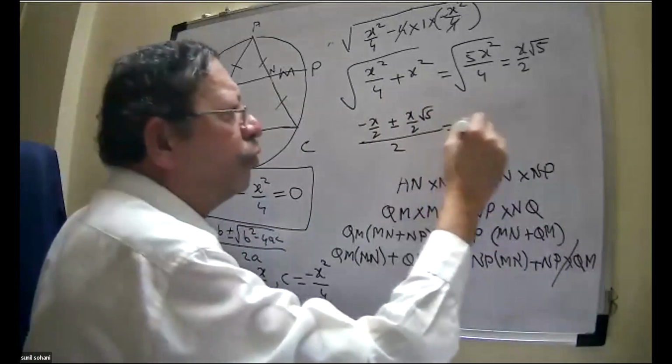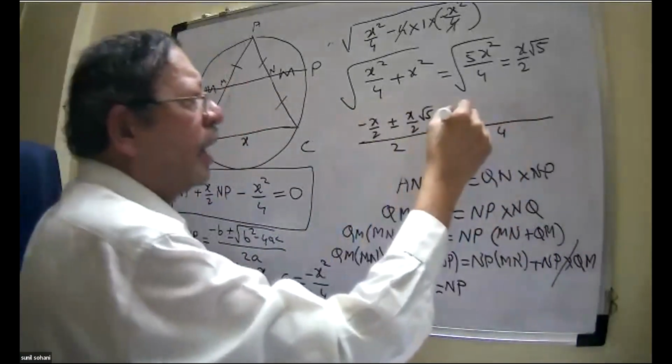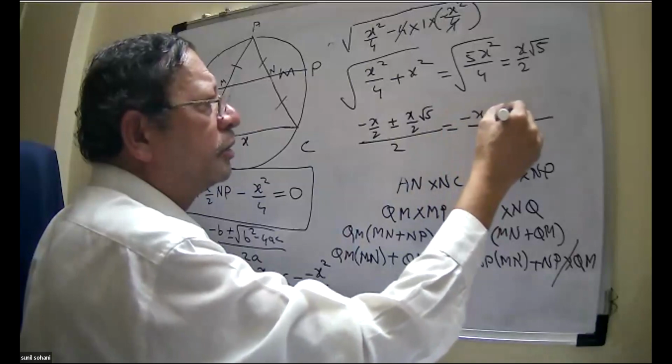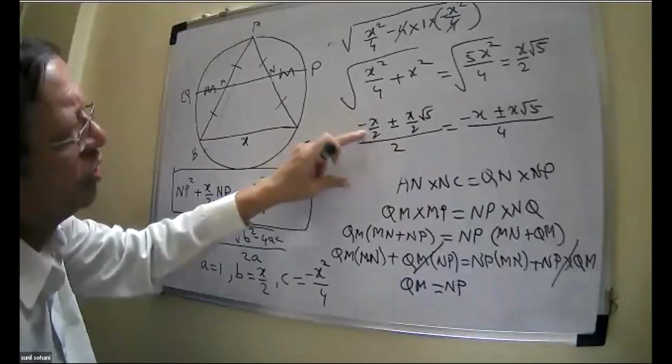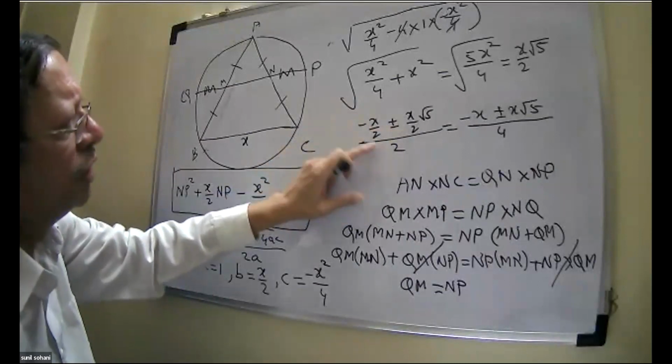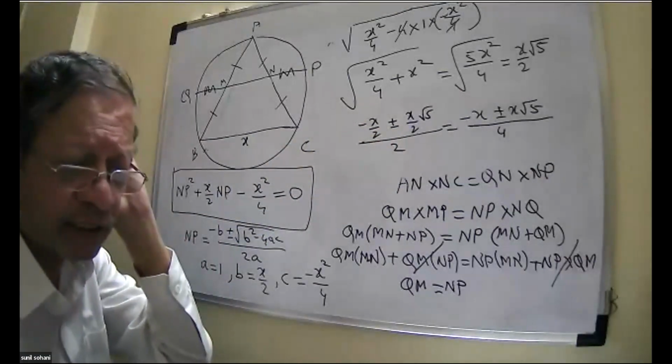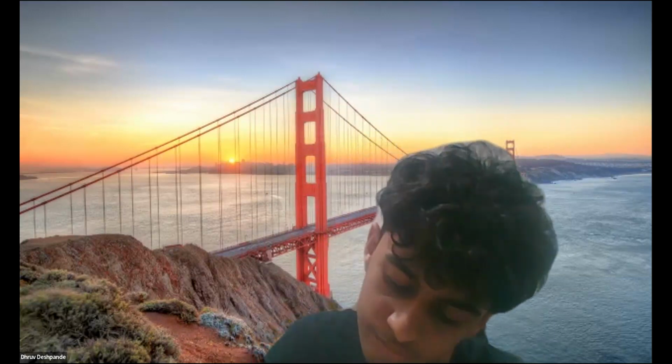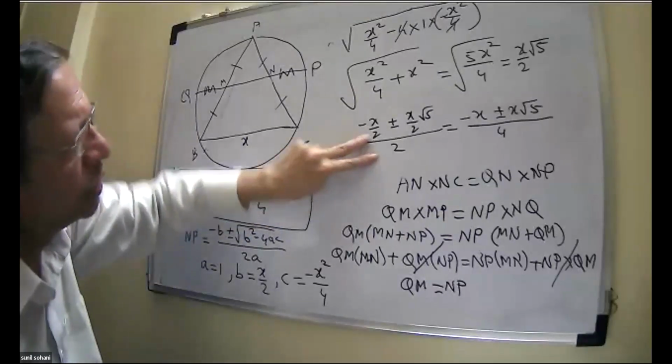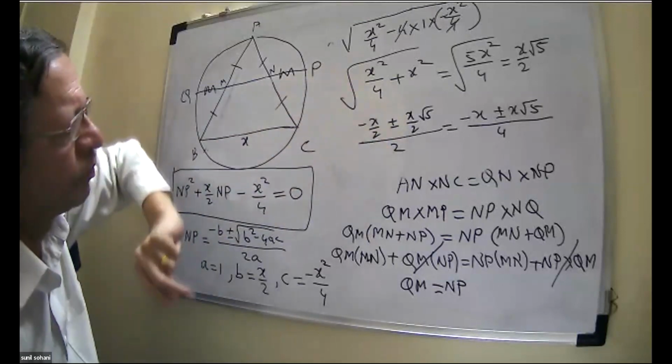So yeah, 4 is a common thing in the denominator, and we have minus x plus minus. So why 4? Like this both the fractions are divided by 2, so each will become 4. Simple maths. So this will become 4, this will also become 4.